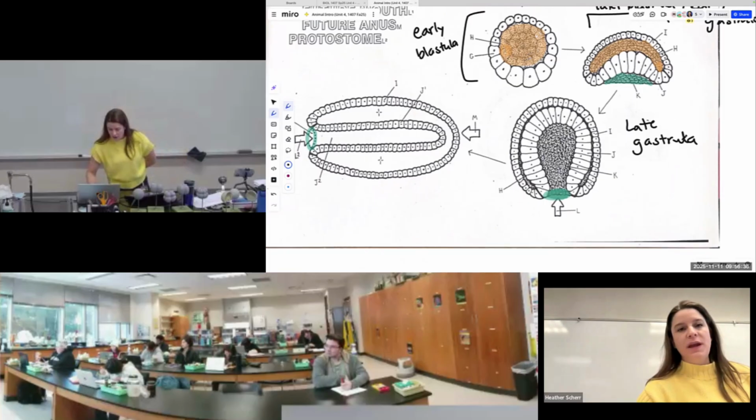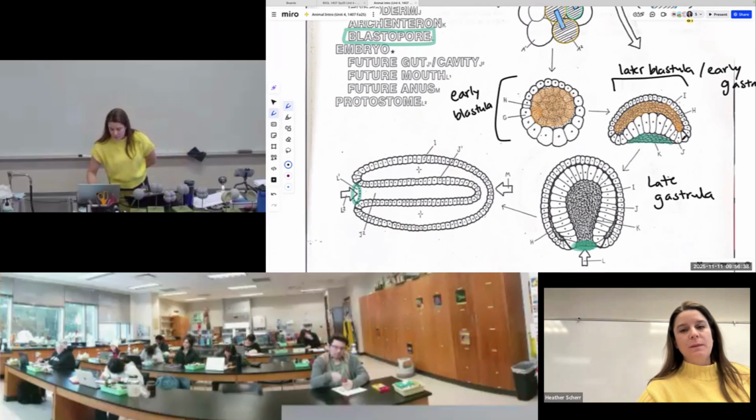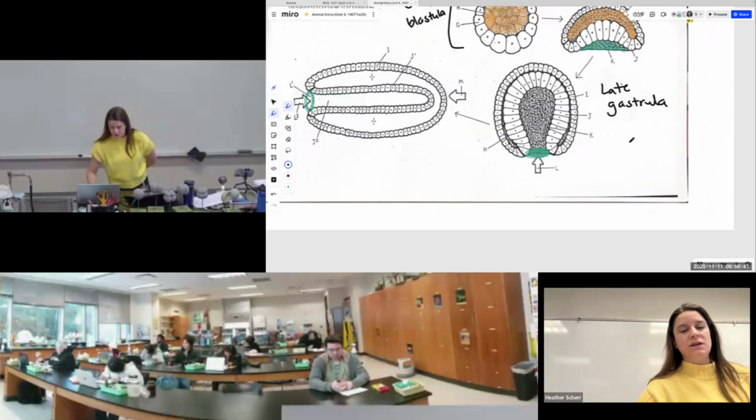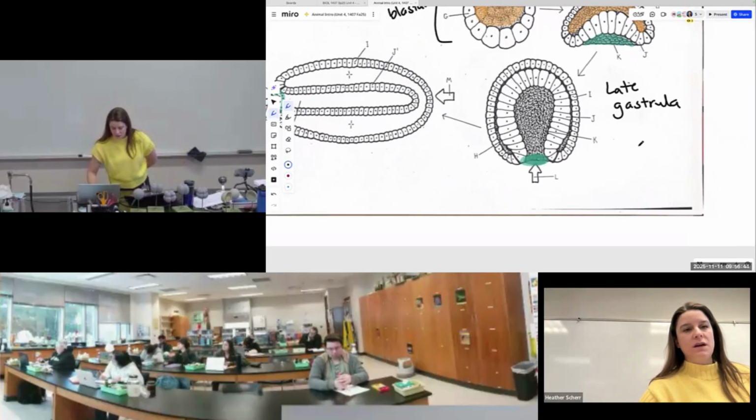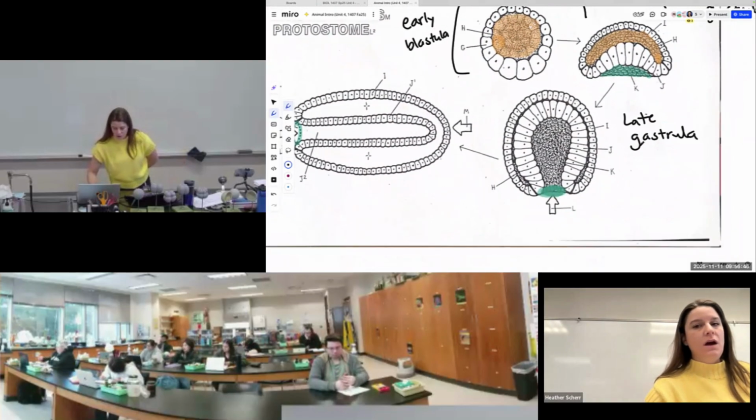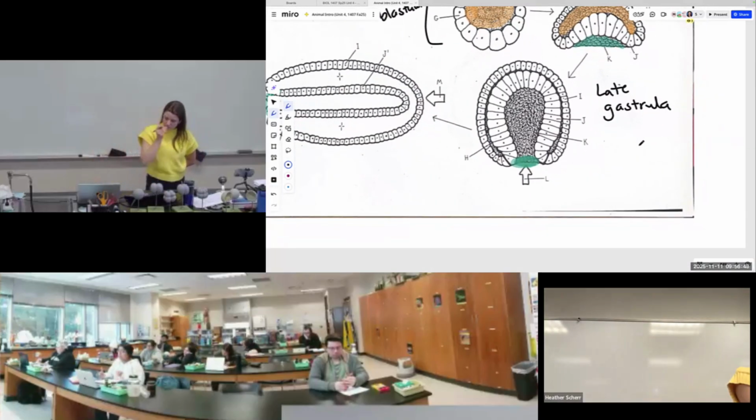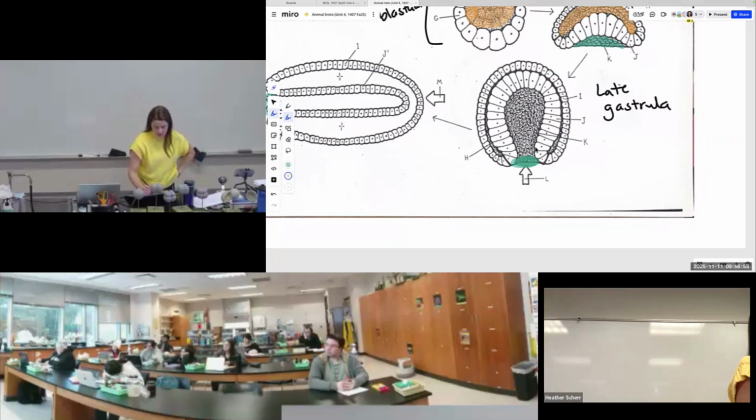So if we are doing our colors, what color should I do? The inside here. Let's make it the same color as this inner layer. So I'm worrying about the cavities at this point. What color first of all, what's this inner layer here? I'm gonna do it with the stripes.